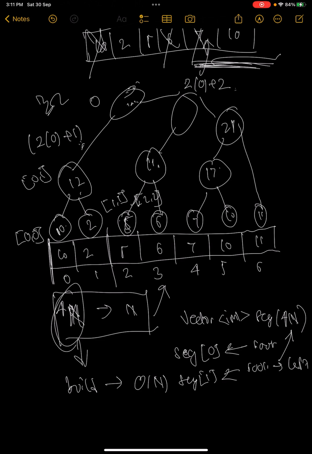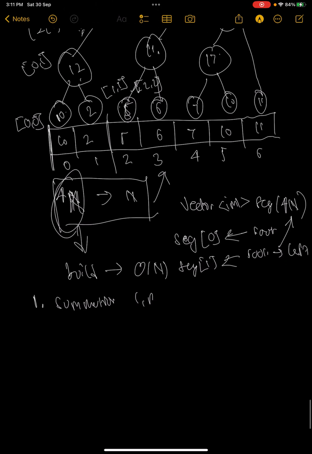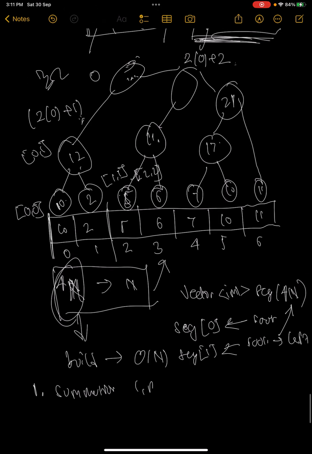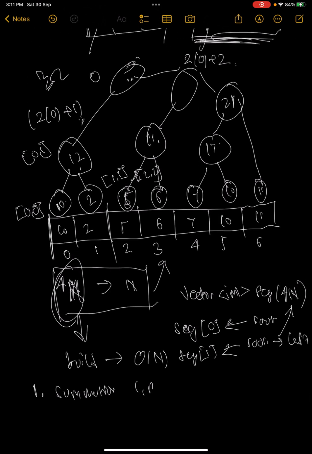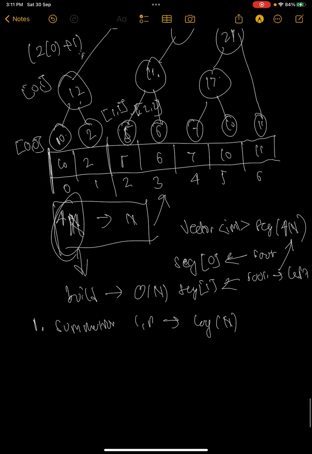I'm not explaining it here in detail, I'm explaining the operations. When we are asked for the summation between L and R, we just do a search on this tree, and it takes logarithmic of n time to get the summation.